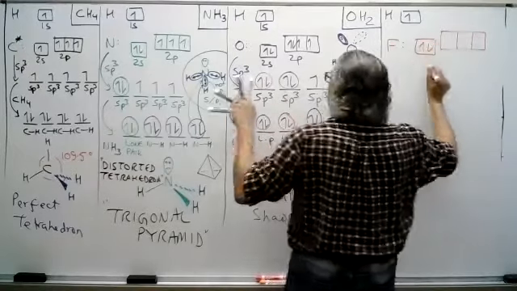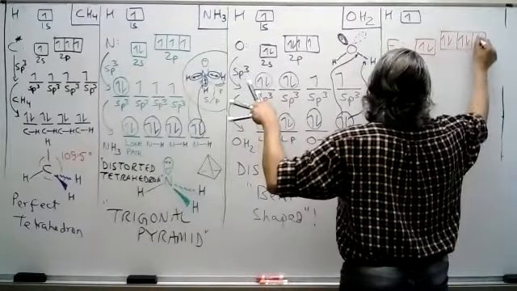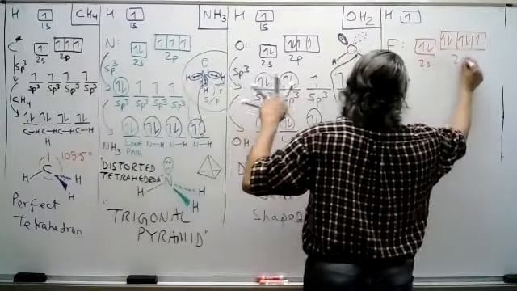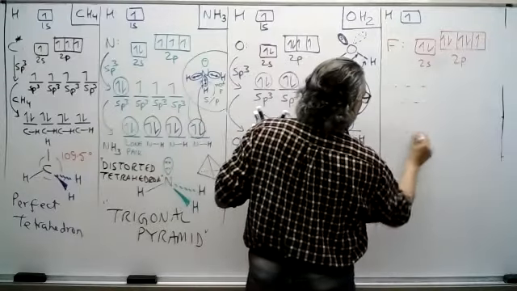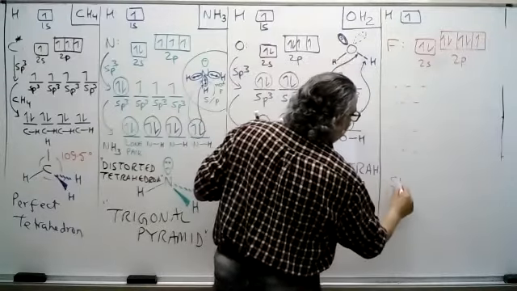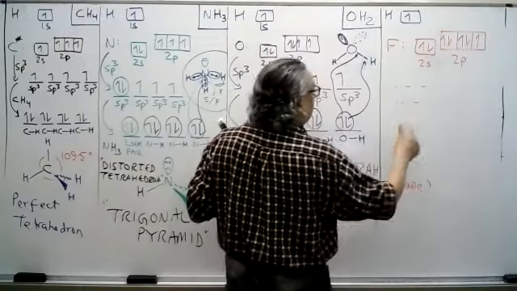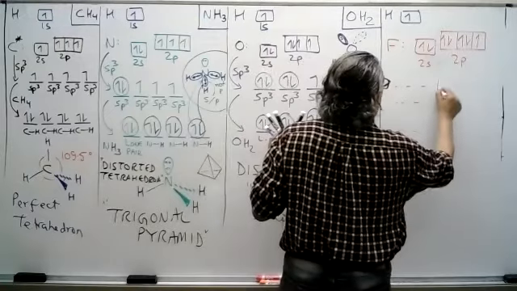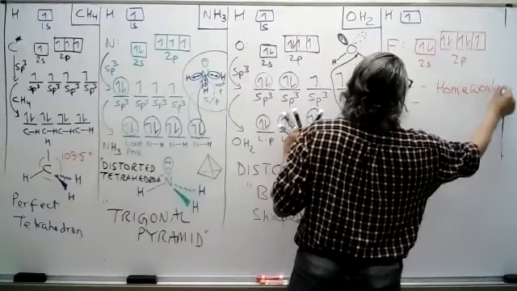It's identical, same principle. Why don't you practice it? 2s and 2p, not right now. Figure out the rest, and then finally shape. Hybridization, shape, and everything. Let this be your homework. Extra homework.